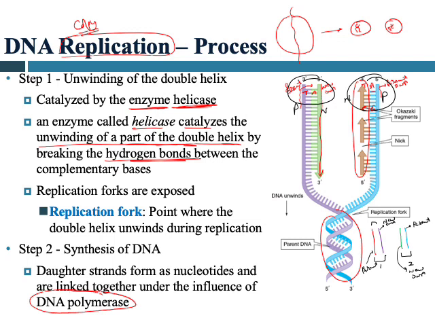So that means DNA replication is semi-conservative. What is meant by semi-conservative? It means each daughter cell after division will get 1 part from the parent DNA and 1 part that is newly synthesized DNA, right? Something like this.